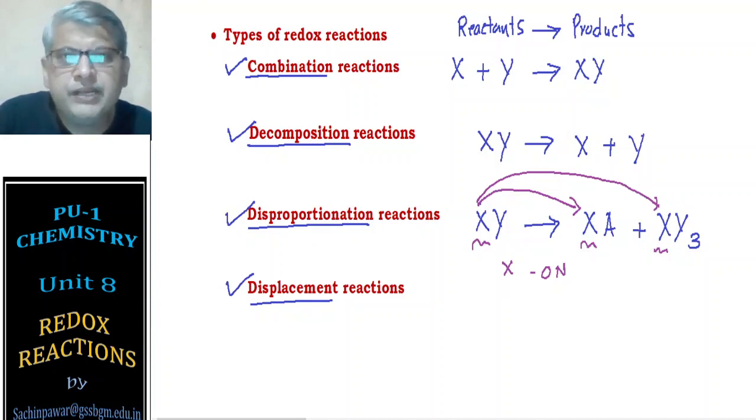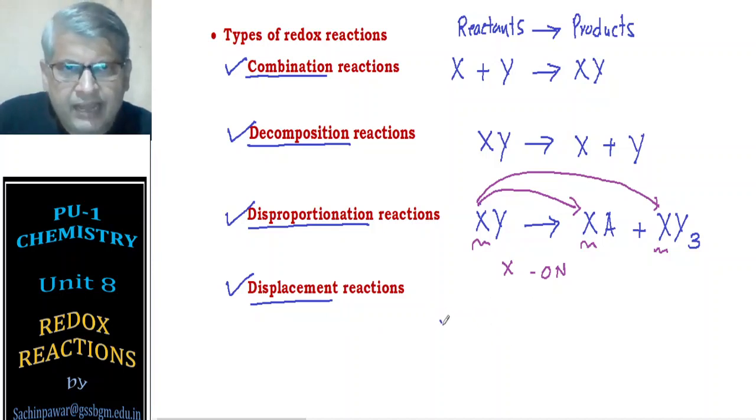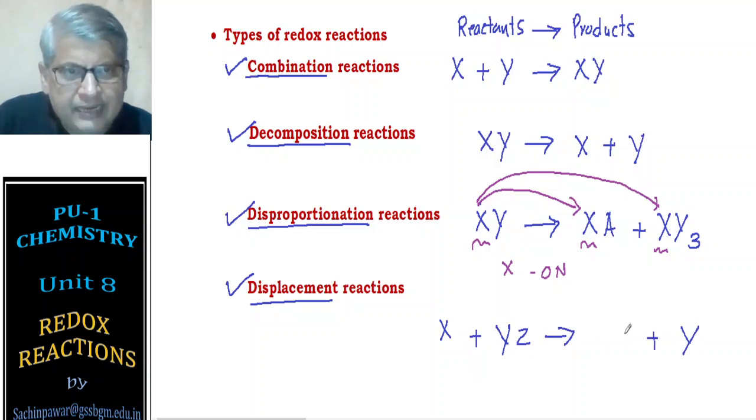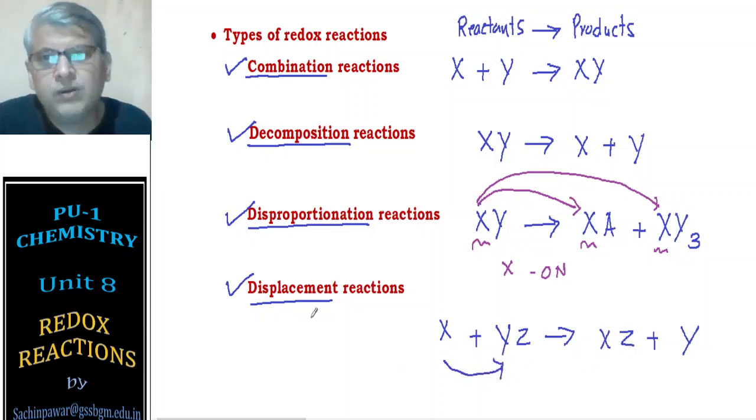Displacement is very simple. Suppose I have an element X reacting with a compound YZ, and the place of Y is taken by X. Y is displaced from Z, and Z combines with X. So you see here X has displaced Y. This is called a displacement reaction.